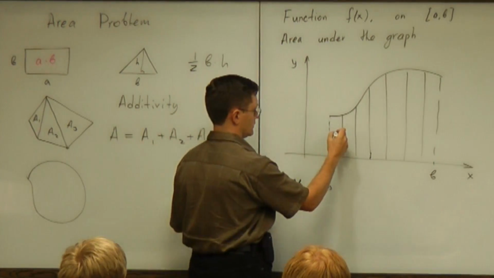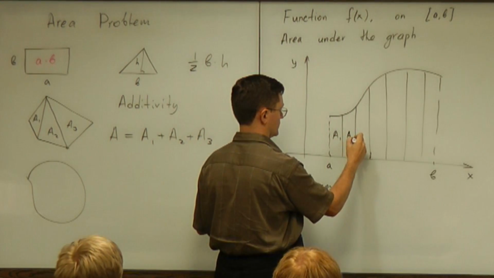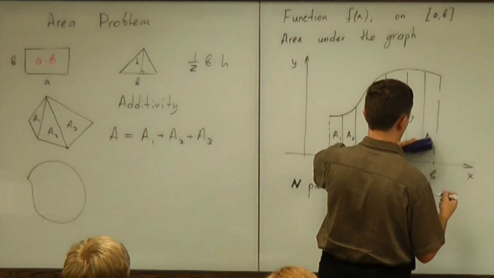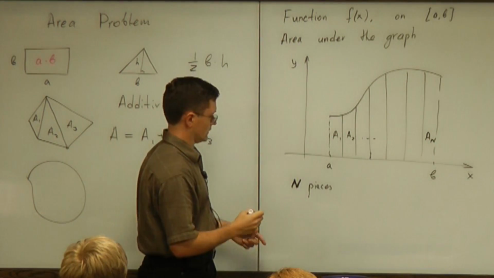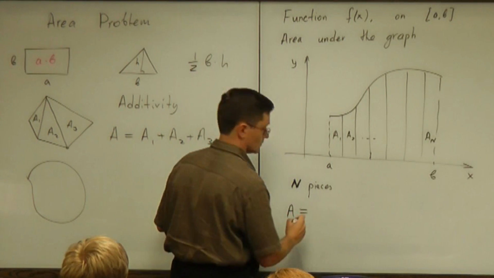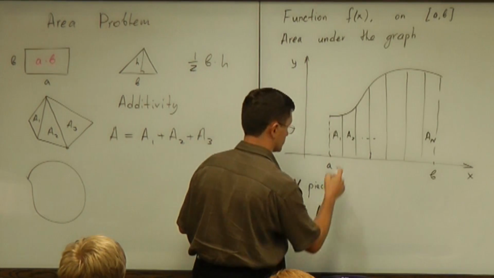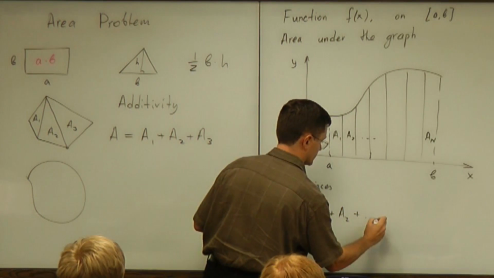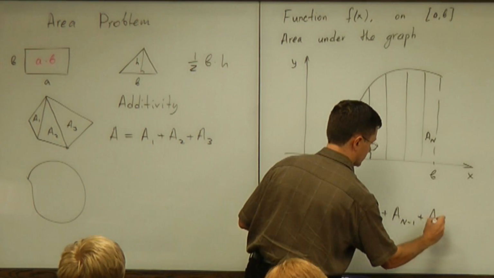Those pieces denote the areas of those pieces by A1, A2, and the last one is going to be nth piece. And then we use additivity. We say that the total area is exactly equal, there is no approximation yet, exactly equal to the sum of all those areas, A1 plus A2 plus dot dot dot plus A(n-1) plus An.